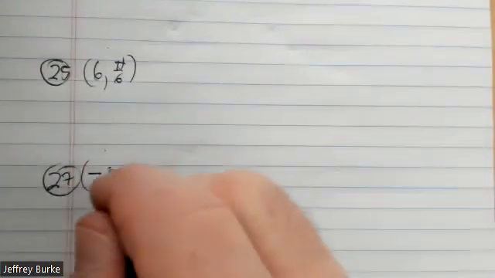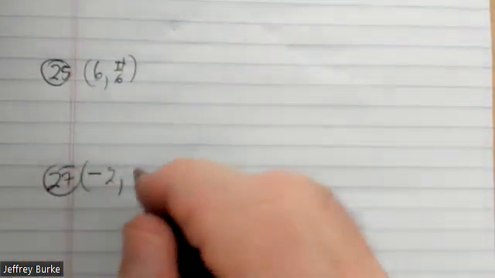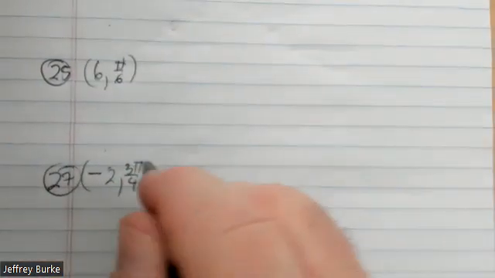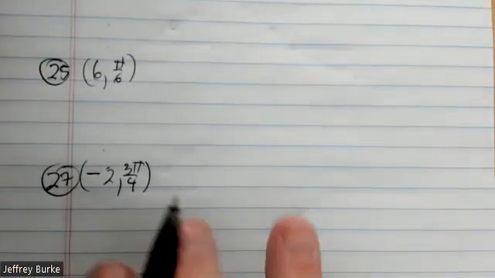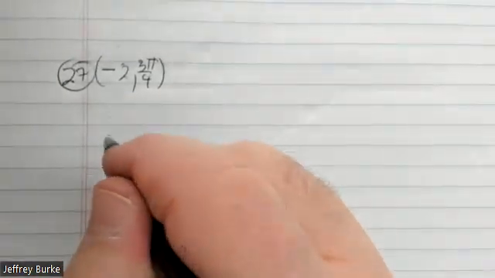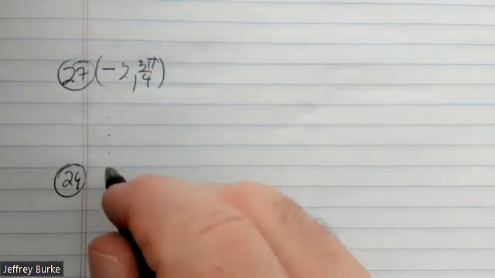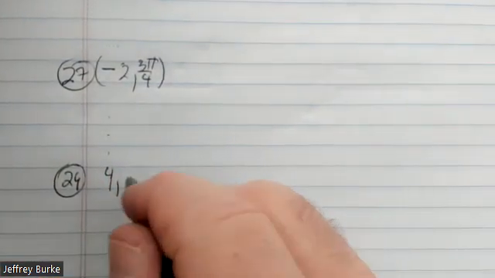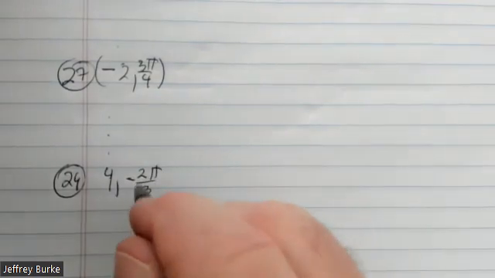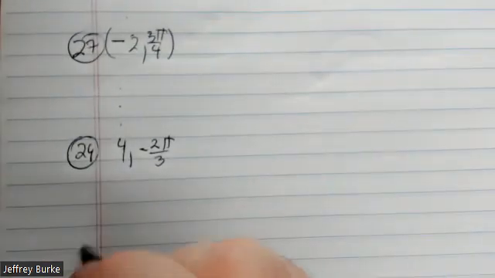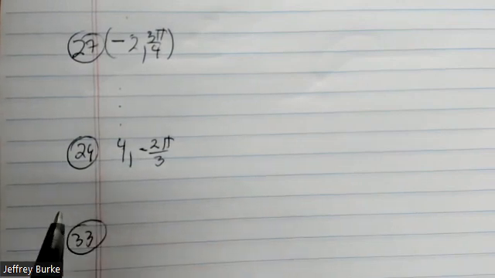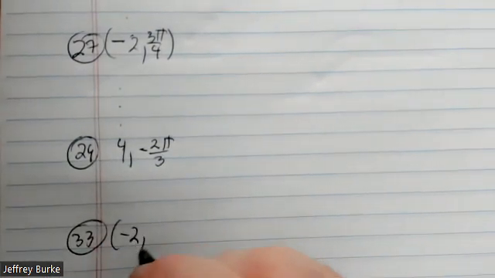That's going to be negative. Oops, sorry. Negative 2, 3 pi over 4. 29. 4, negative 2 pi over 3. And then 33. Negative 2, negative pi.